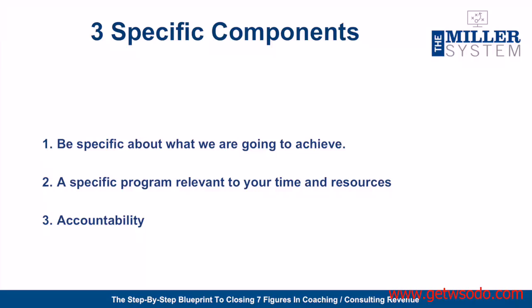Feature benefit, for the most part, is somewhat of a surface swimming type of sales strategy and technique, because it really doesn't get into the individual. You don't get into the individual.